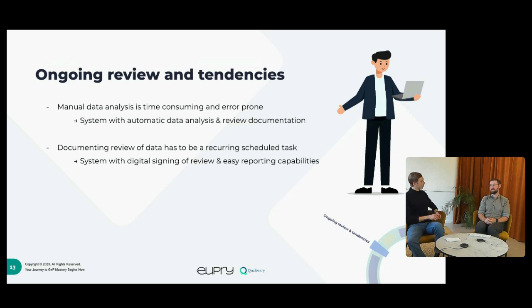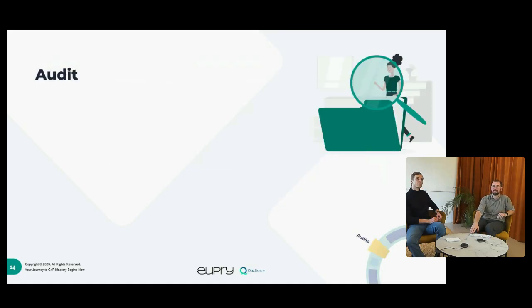It's also one thing we often get questions about: how do you review data? Which statistical tools should I use? There's really a large amount of energy being put into making systems that will allow this to be done automatically. So I think we could do a whole webinar on how to do trend analysis of data, but surely that's one of the manual tasks that we often see time being used on.